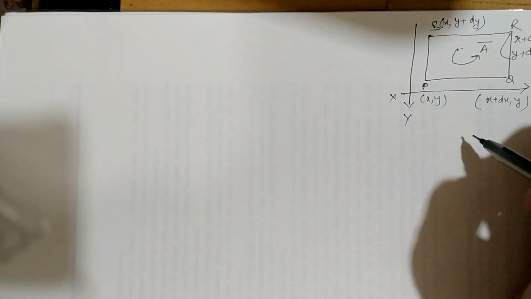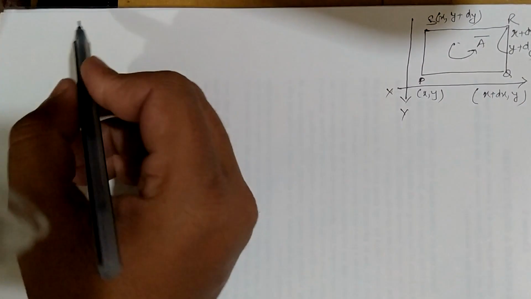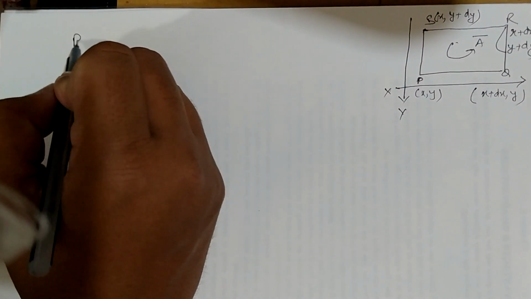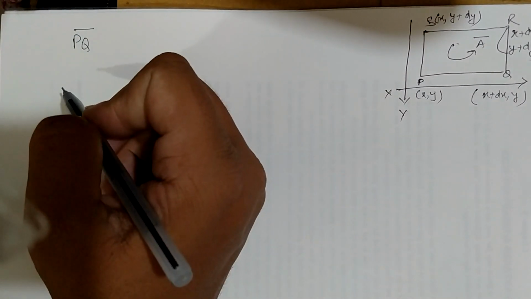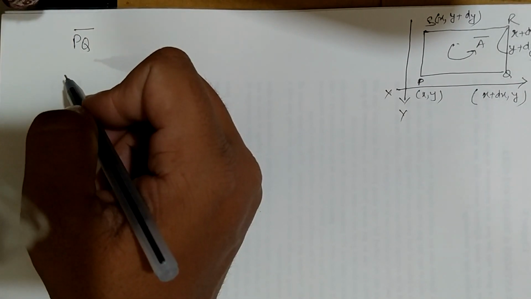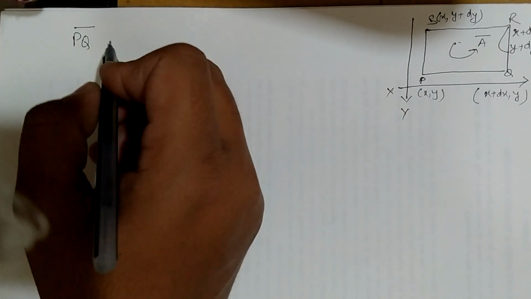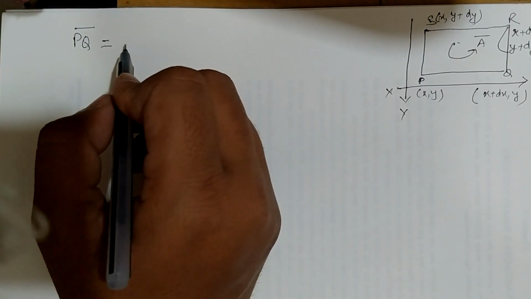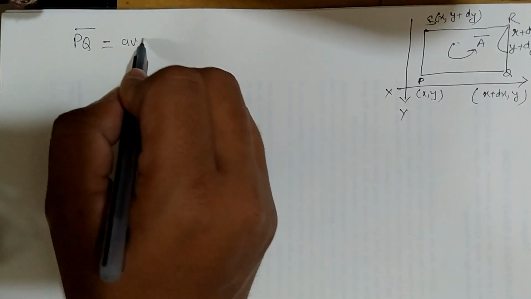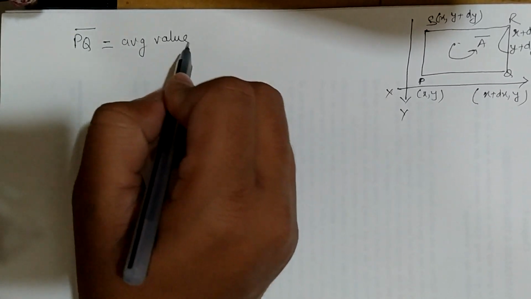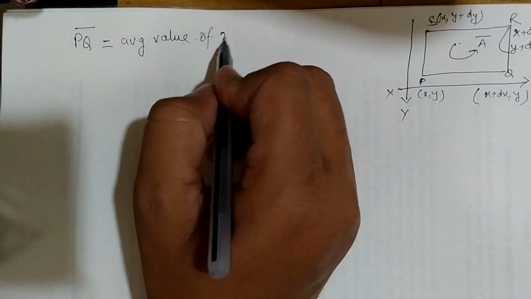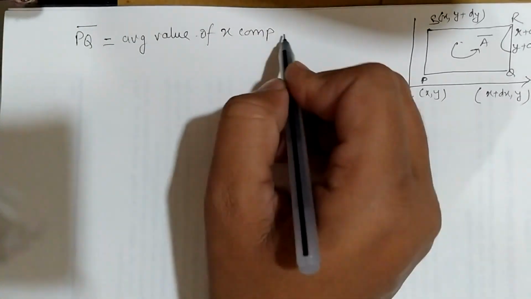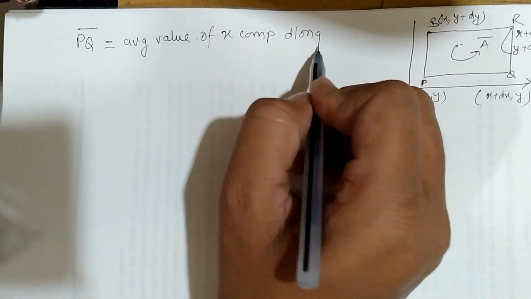Okay, now moving towards the next point. Now we want to find out the value of your PQ bar, and it will be equal to the average value of the x component along the path.